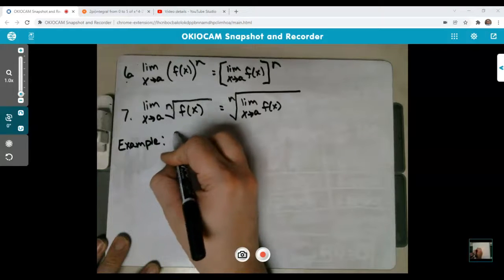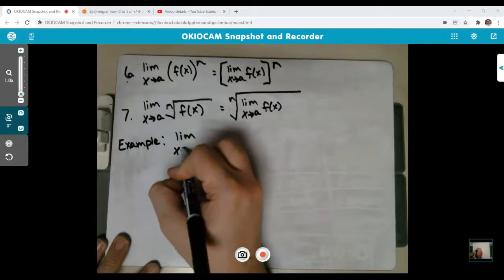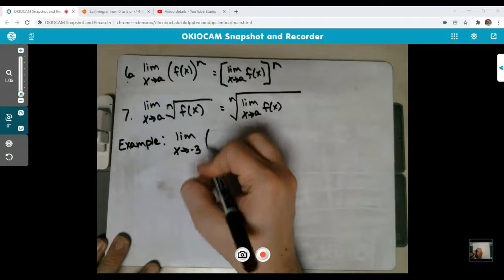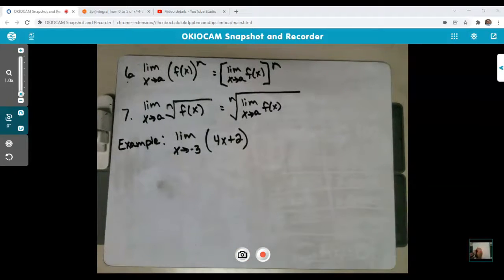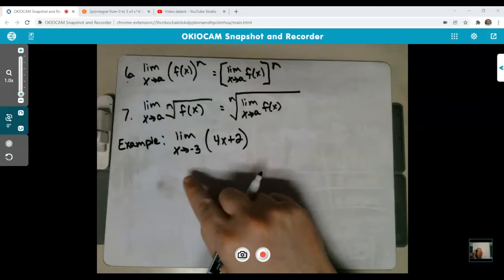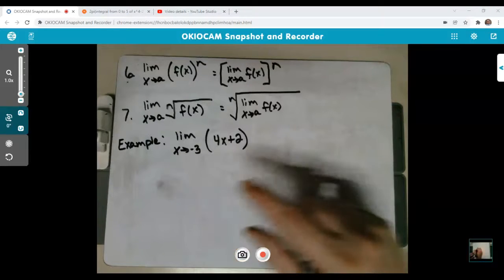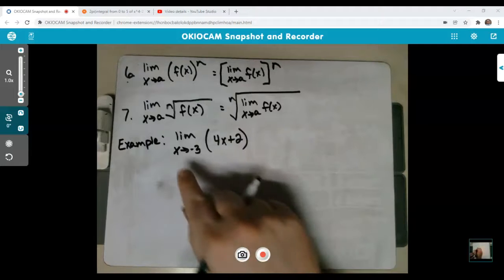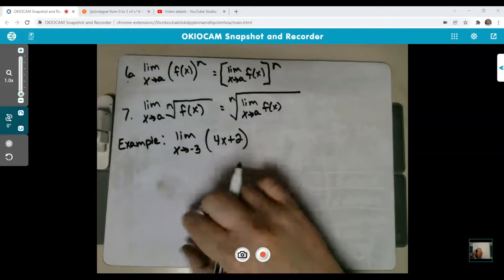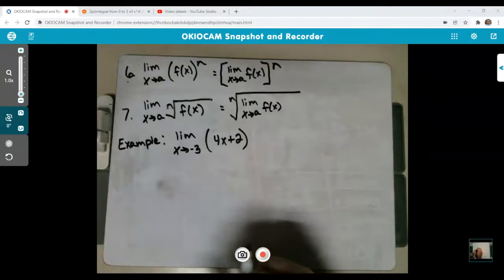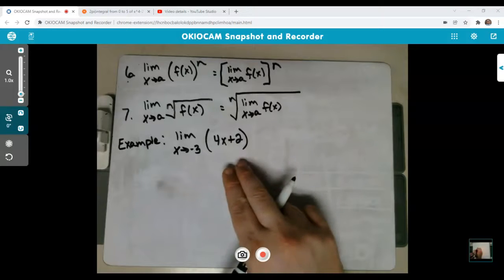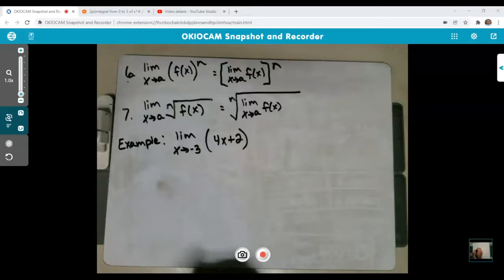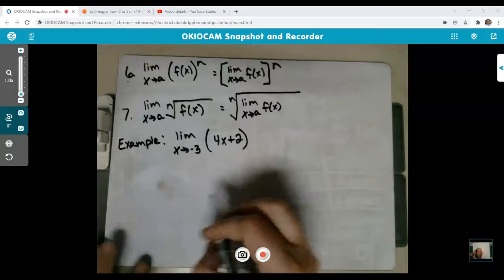Example. Let's find the limit as x approaches negative 3 of 4x plus 2. So how we have done these beforehand is that I would have had to write out a bunch of points to the left and then a bunch of points to the right and plug them in and see what it gets close to, right? Well, now with these laws, I don't have to do that. I can separate this as much as I can to figure out what it is.